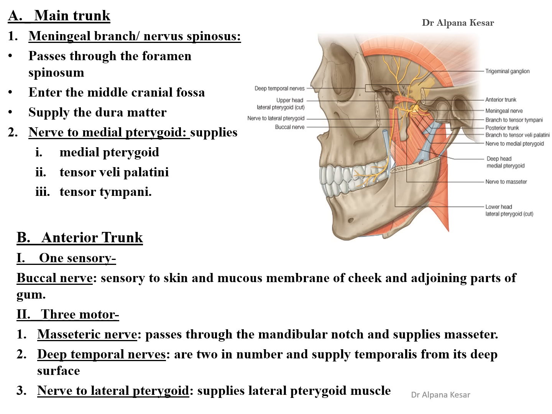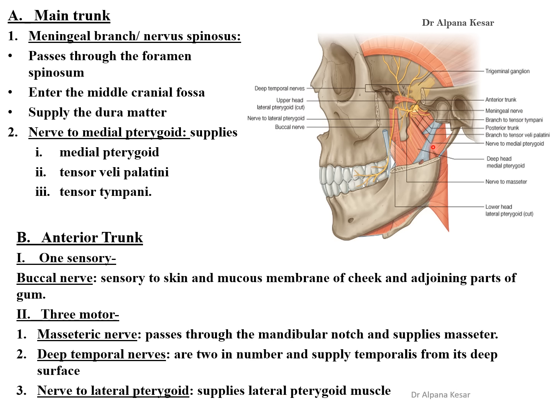Starting with the main trunk, the first branch is meningeal branch or nervus spinosus, which passes through the foramen spinosum to enter the middle cranial fossa. In the middle cranial fossa, nervus spinosus supplies the dura mater.